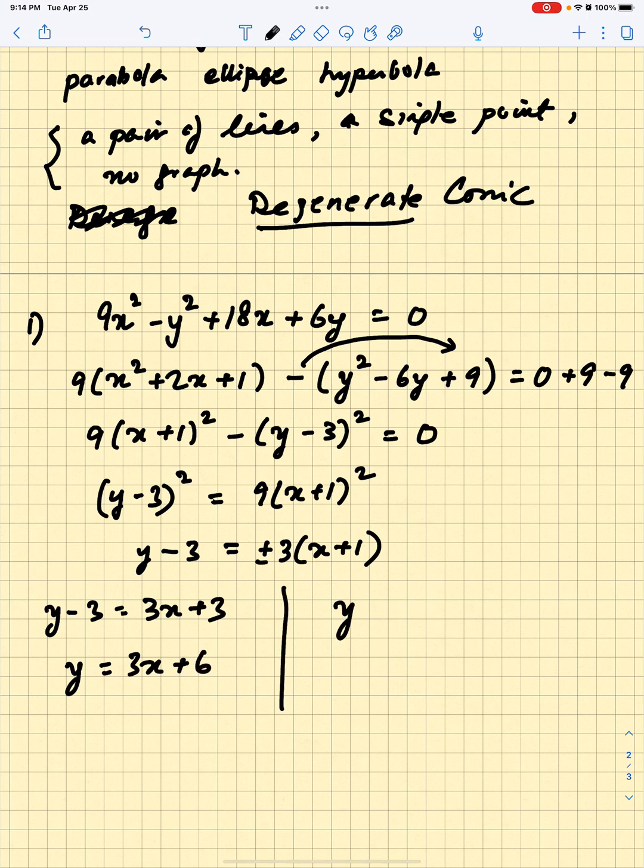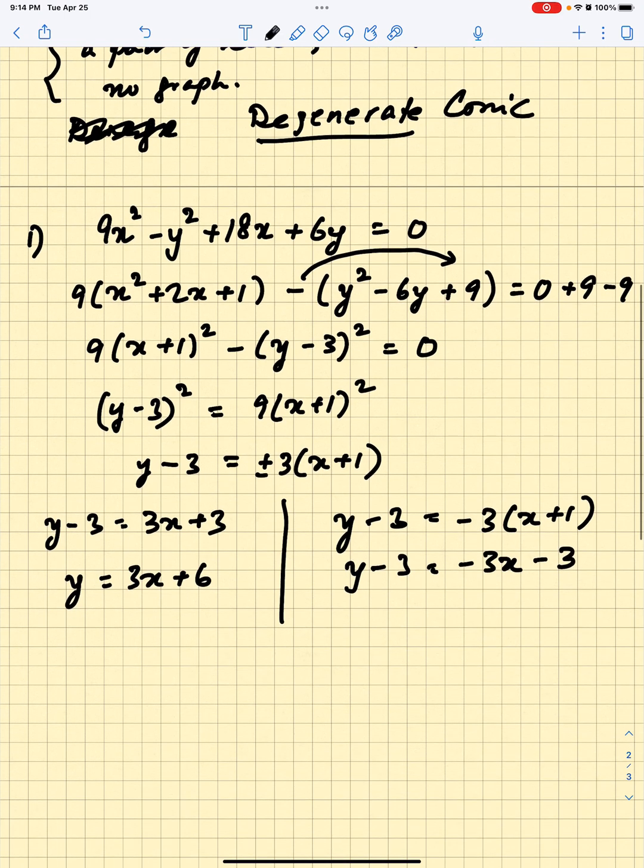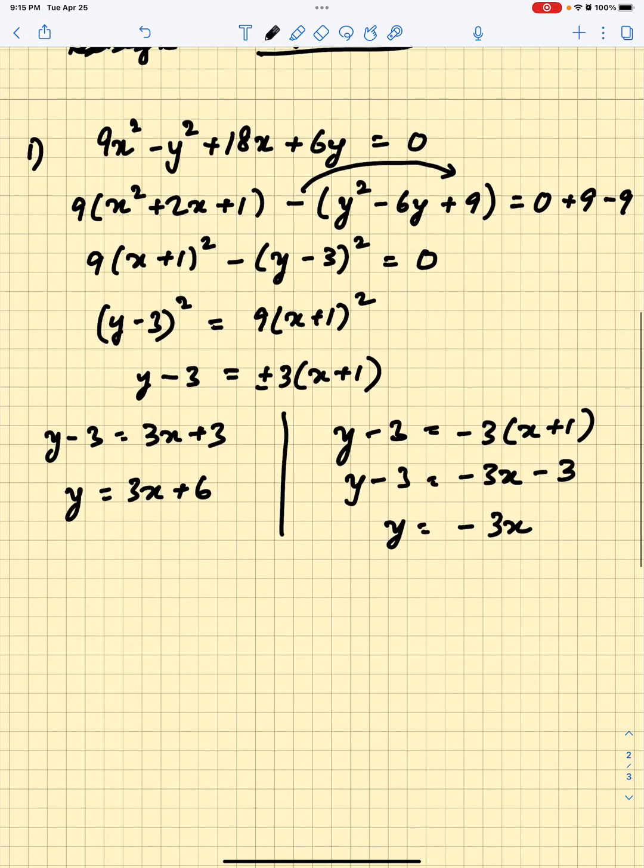And the other case, y minus 3 is equal to minus 3x minus 3, so y is equal to negative 3x. And we can just graph these lines.